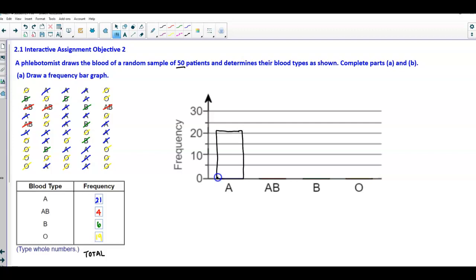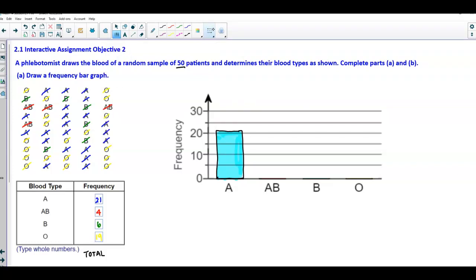And so therefore, there is blood type A. Let's go ahead and fill that in with the highlighter. We'll fill this in with blue since that's what that represented. Next we want to find the next one, which is AB, which is 4.